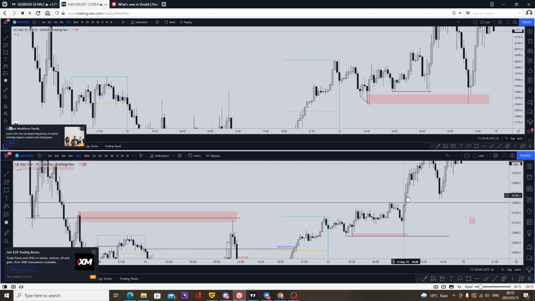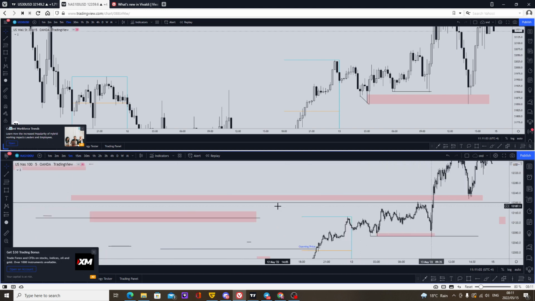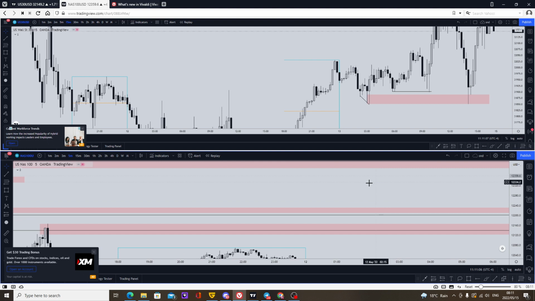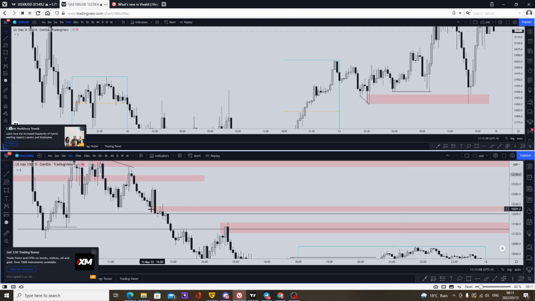They mitigate this area, not because we had this fair value gap, but because we had an order here on M5 that the market did not mitigate. There is an order somewhere here on M5. The market did not mitigate here. If you want, I'm going to show you so that you know what I'm talking about. I'm not saying I'm looking at the fair value gap, the one that is there, but I'm looking at this.